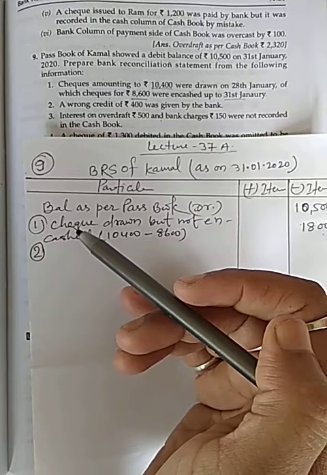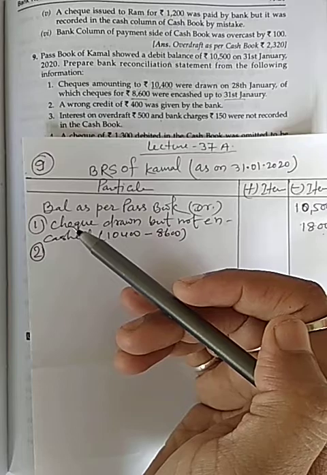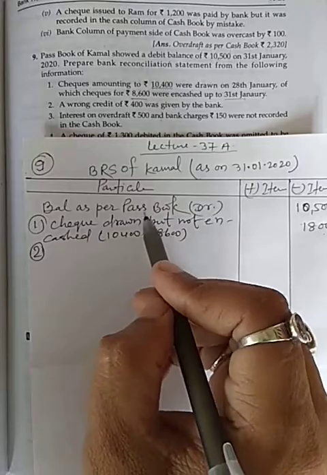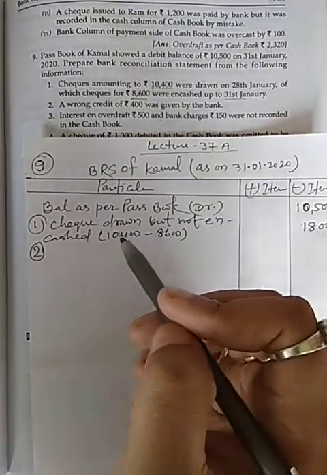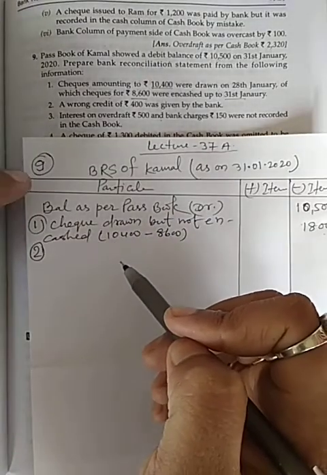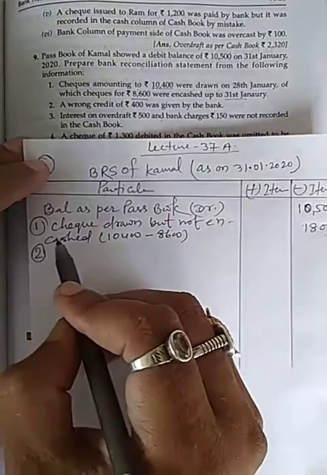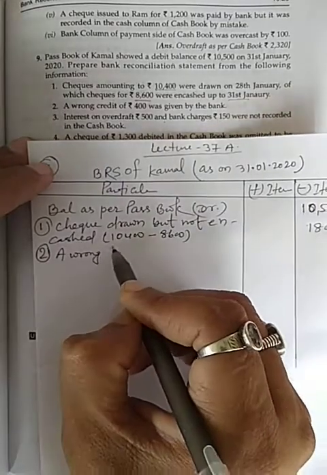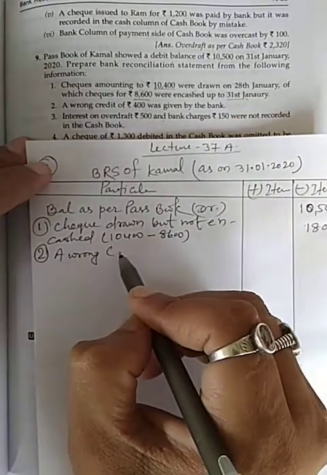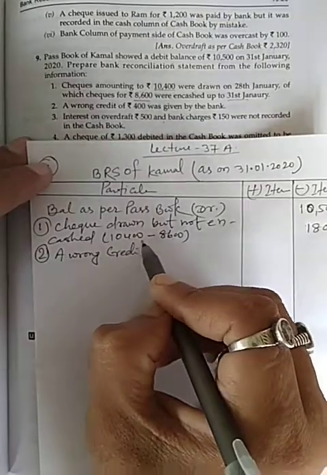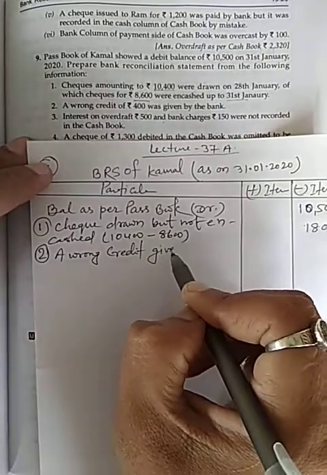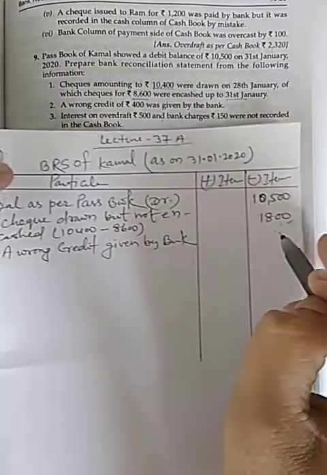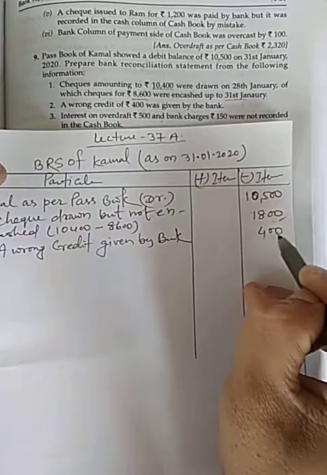So I will record in plus item. But according to passbook, it will be opposite. So I will record in minus item, and I will write a wrong credit given by bank. It will record in minus side 400.